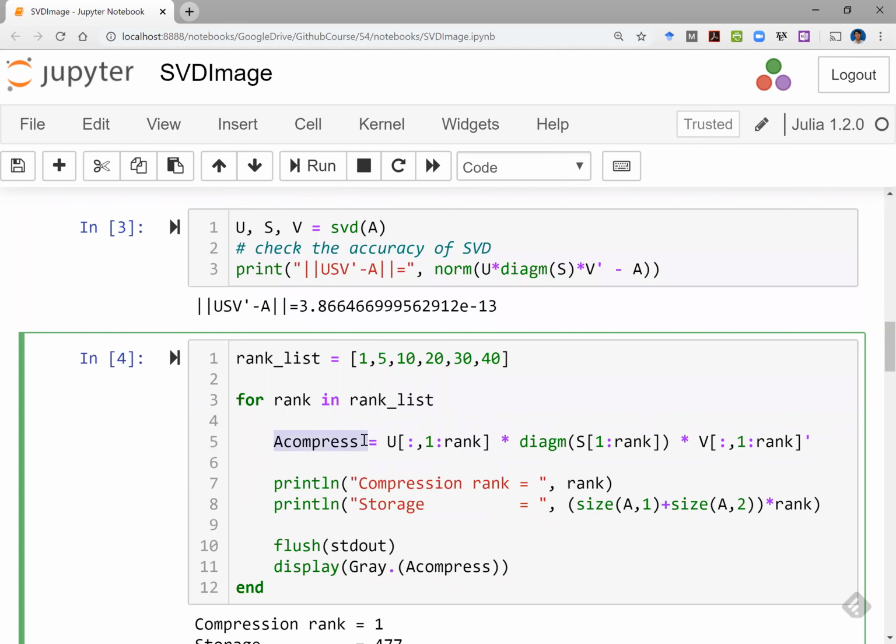I obtain a matrix called A compress. If rank equals 1, then the cost of storing that is really just m plus n. But I can take 2 columns of U, 2 numbers from the diagonal matrix S, 2 columns of V, and so on and so forth. Is that clear?